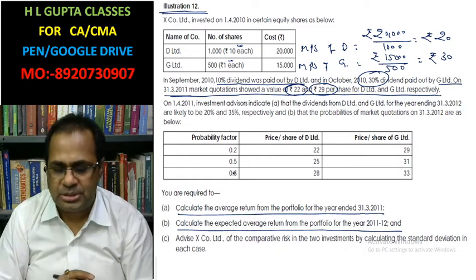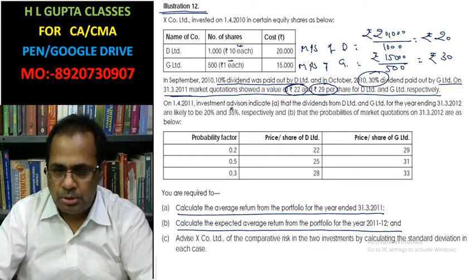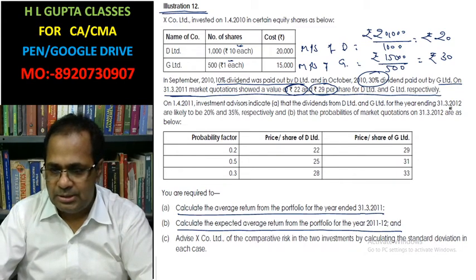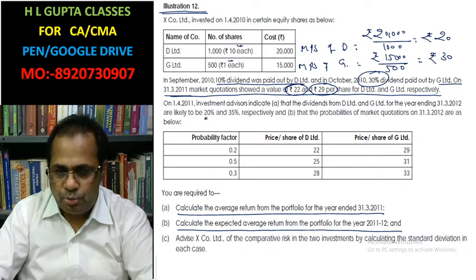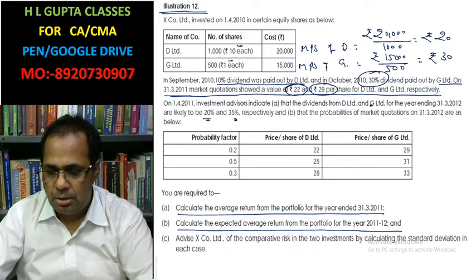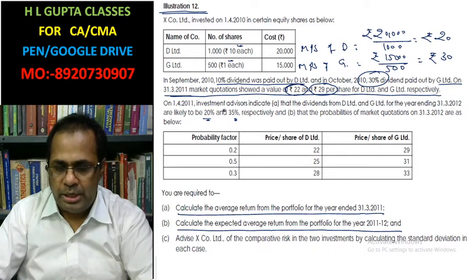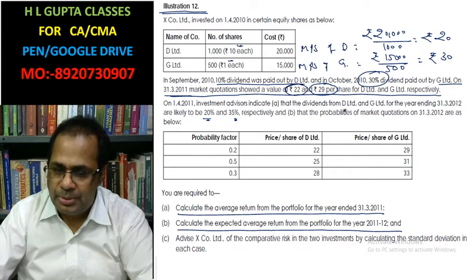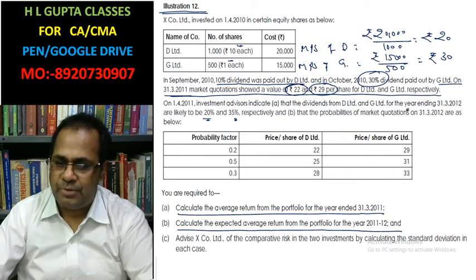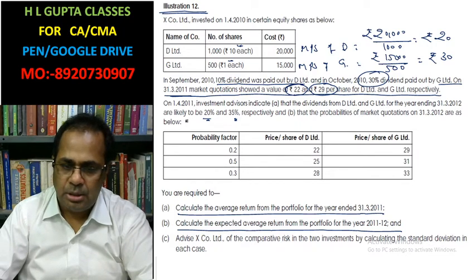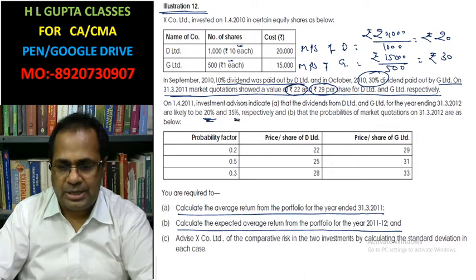As well as information is given here. D and G yearly dividend likely to be 20% and 35%. Investment is advisable to indicate that the dividends of D and G limited for the year ending are likely to be 20% and 35% respectively.